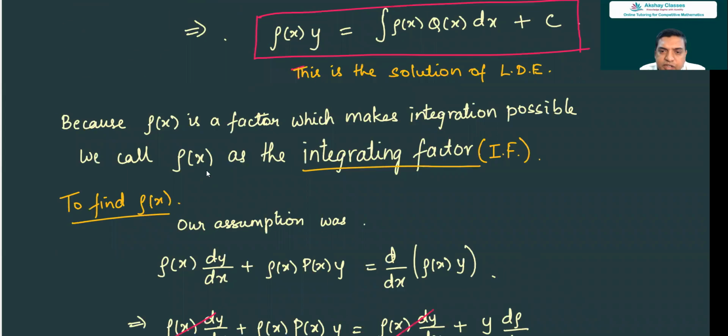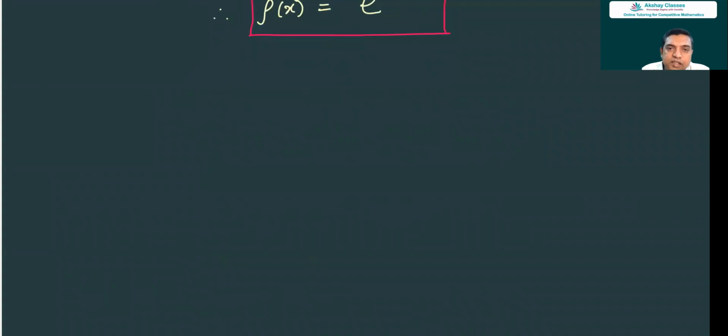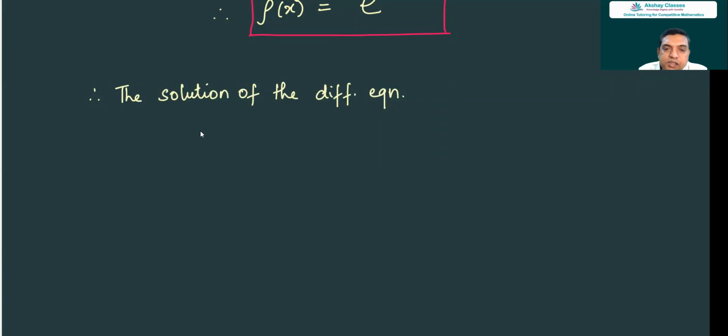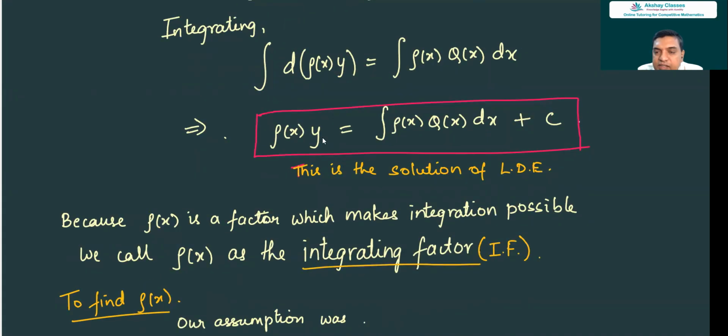So now we have an interesting term. This was all explanation. Now I'll write the final way how to see the solution. Therefore, the solution of the linear differential equation dy by dx plus p of x times y equal to q of x is, see here, what is the solution? Rho of x into y.